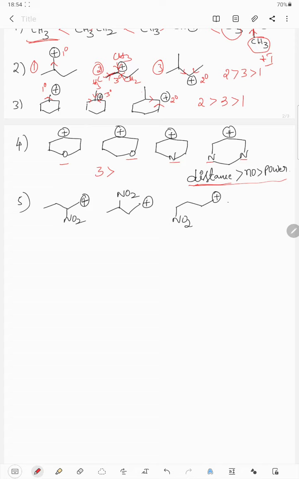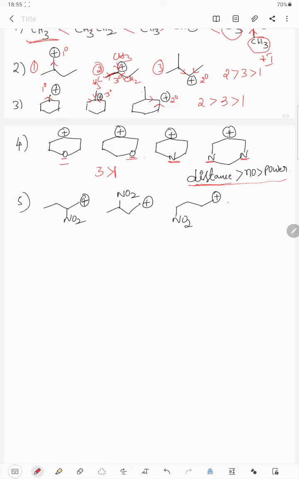Next one, one completed. Now come to the next, which one is more stable? Again, distance. This is a very small distance, these are also very small distances, this is a somewhat longer distance, that's why the first is more stable.